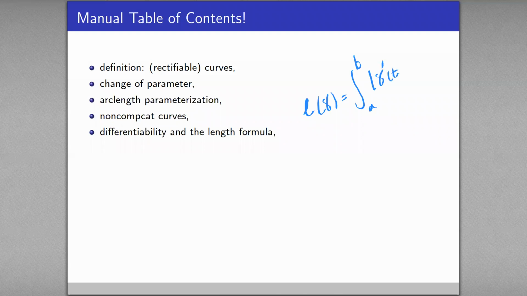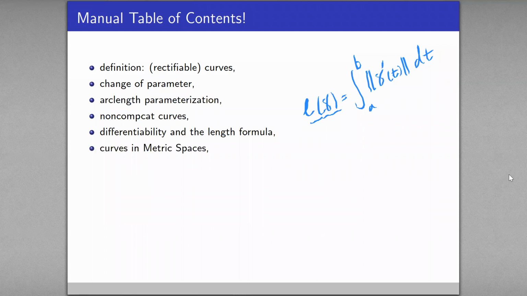So we take the derivative, you take the norm of that derivative. Now this is a real valued function. You integrate, and hopefully you recover the length back. This is not a definition. This is a theorem. And we will see that it does not always hold, but we will give sufficient and necessary conditions when it does.